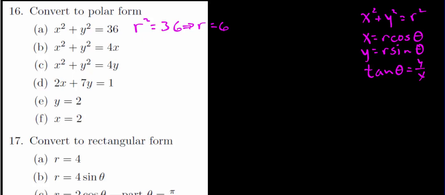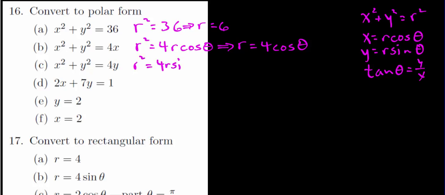Well, this is r squared equals 4r cosine theta.